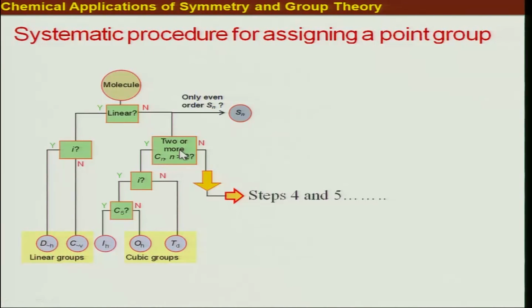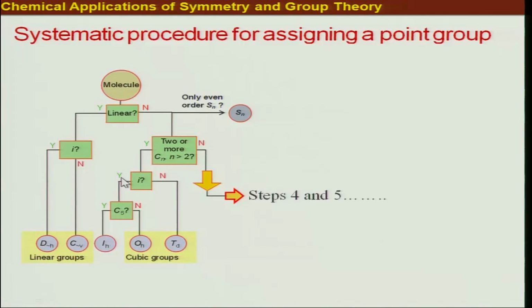Now if the molecule is not linear, then the next question is whether we have multiple higher order axes of symmetry, that I already discussed. So more than one Cn, where n is also greater than 2. If the answer is yes, you ask the next question, that is whether the molecule has an inversion center.